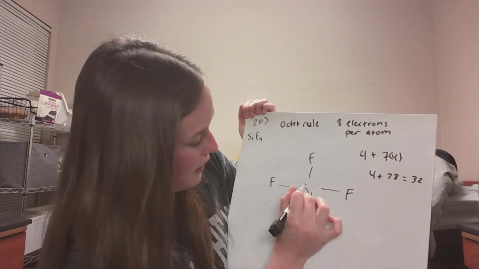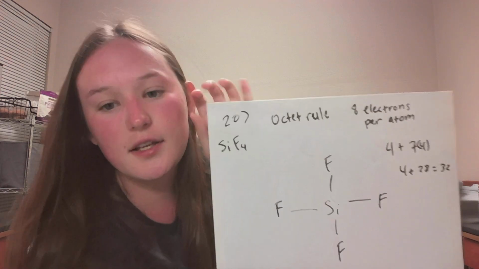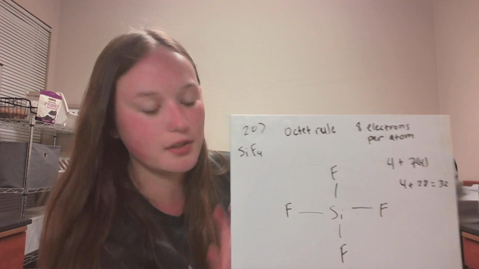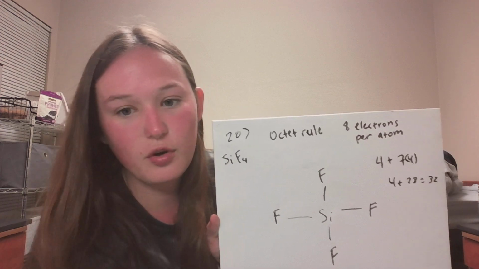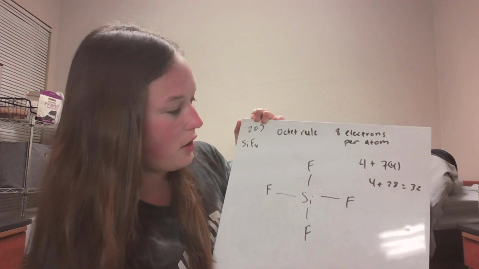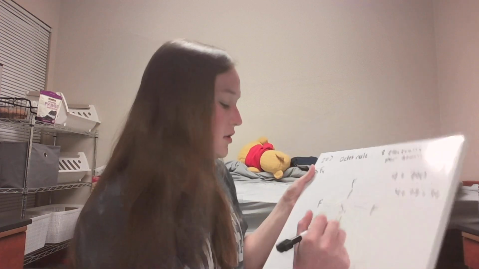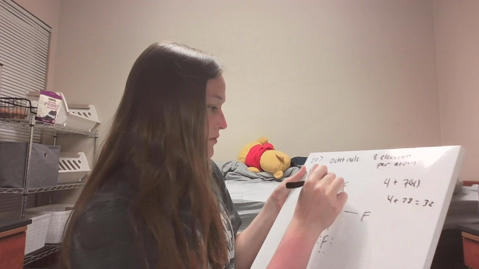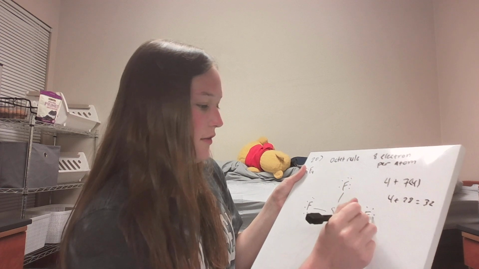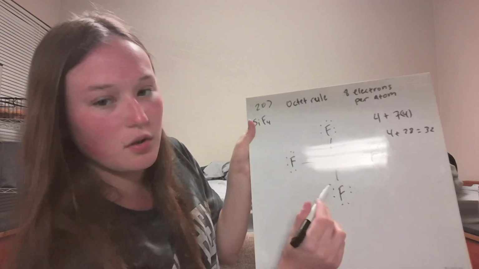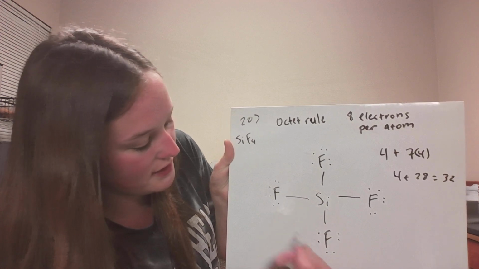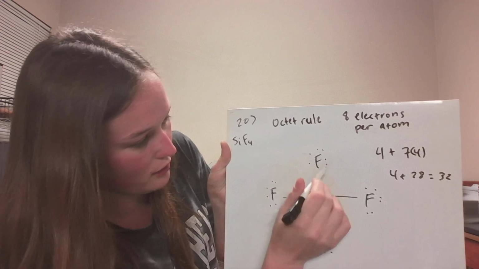Which is great, because Si is right under carbon, and carbon likes to form 4 bonds, so silicon also likes to form 4 bonds. 1, 2, 3, 4, perfect. But just in case, we're going to count the valence electrons and make sure everything adds up. 2, 4, 6, 8, 10, 12, 14, 16, 18, 20, 22, 24, 26, 28, 30, 32.